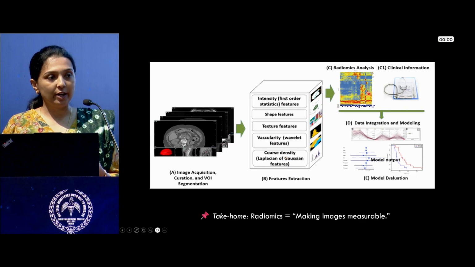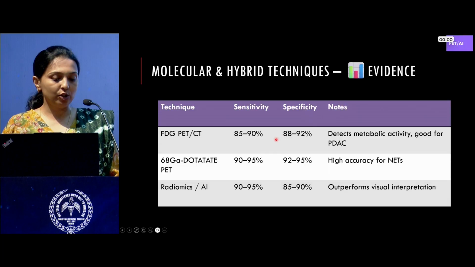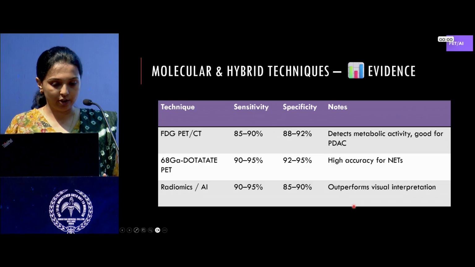This will undergo radiomics analysis, and further we can integrate it with clinical information and biological information, and finally develop a predictive model. So when we look at evidence from the literature, PET and molecular imaging techniques have very good sensitivity and specificity, and some studies have also shown that radiomics AI outperforms visual interpretation.